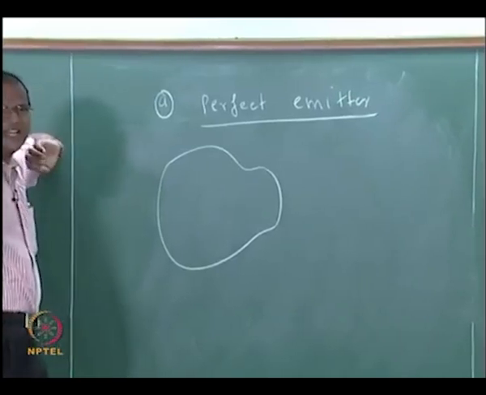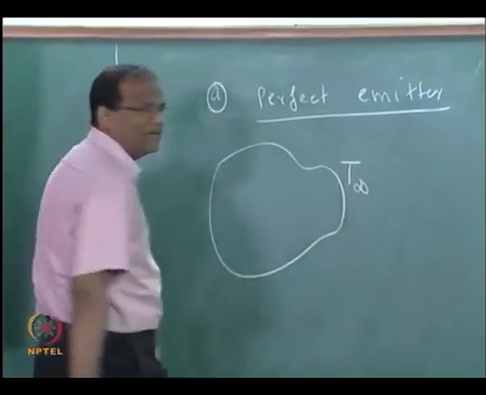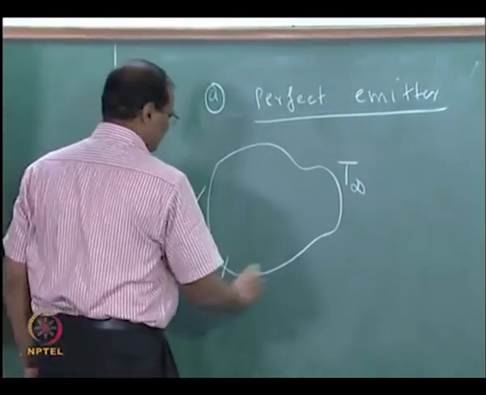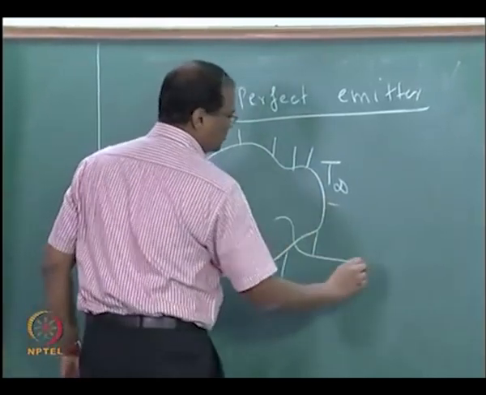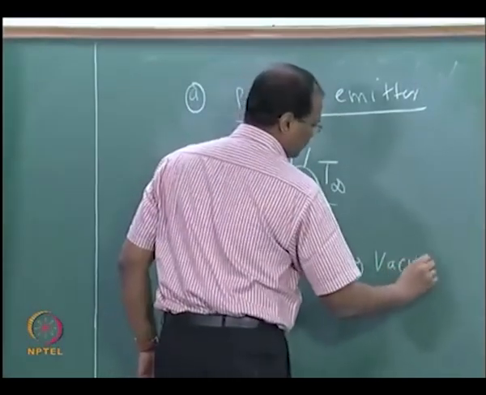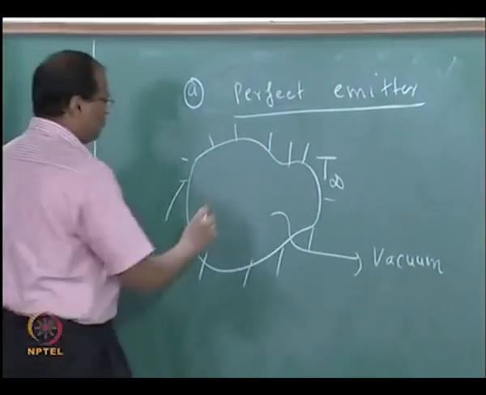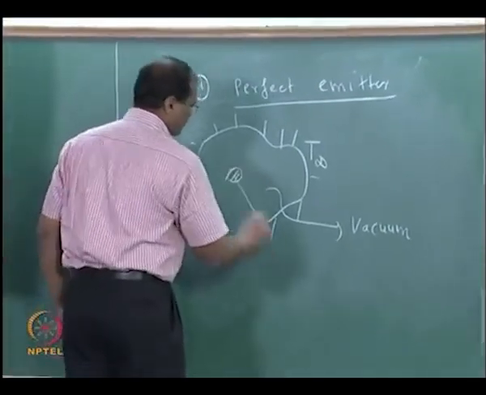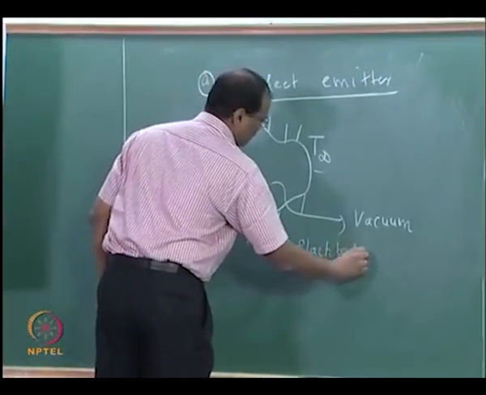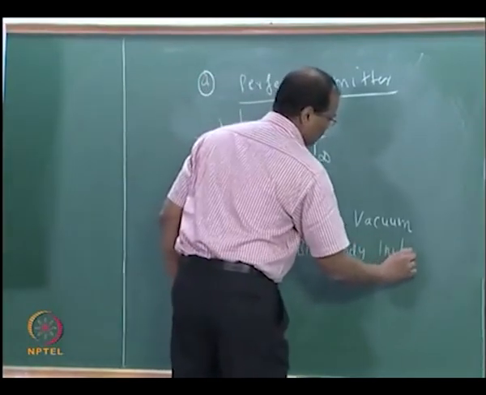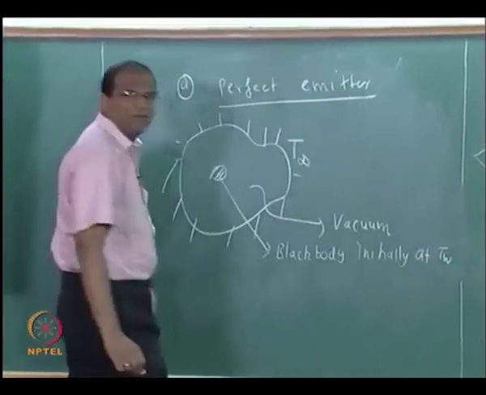Let us consider an evacuated enclosure. The evacuated enclosure is at a temperature of T infinity. So there is vacuum inside. Now I put a black body, a small black body, initially at TW.